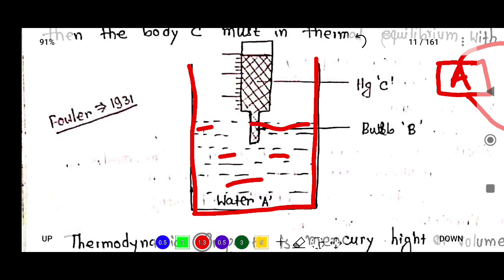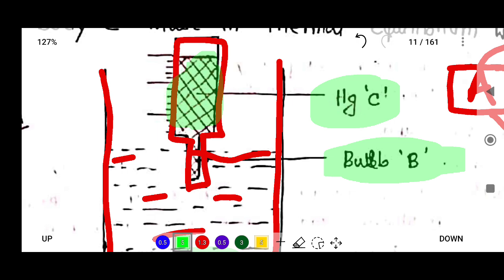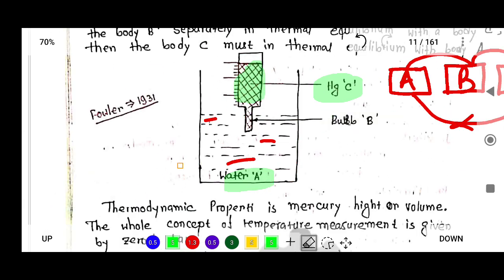Consider this water is body A. Now in this water there is a bulb, and consider this is body B. Inside this bulb there is a mercury, and consider this is body C. If body A is in thermal equilibrium with body B, that means water is in thermal equilibrium with bulb, and if body B is in thermal equilibrium with body C, that is mercury, then body C must be in thermal equilibrium with body A. So this is known as zeroth law of thermodynamics. This was invented by scientist Fowler in 1931.